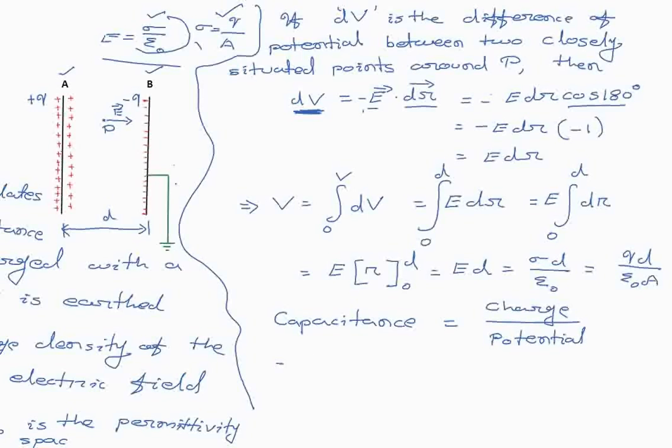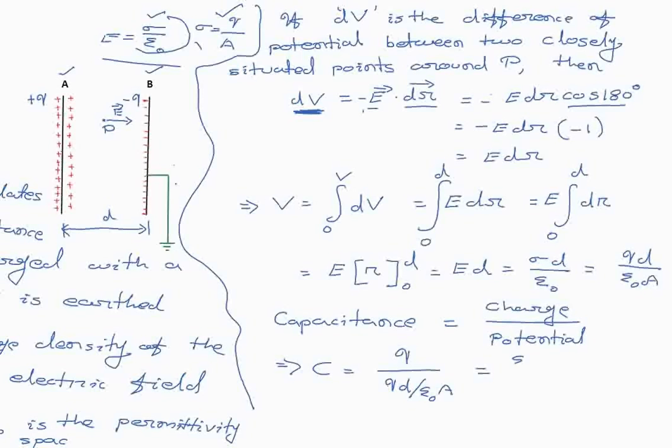This implies C is equal to charge Q divided by potential Q d divided by epsilon naught into A. So the Q will be cancelled out.